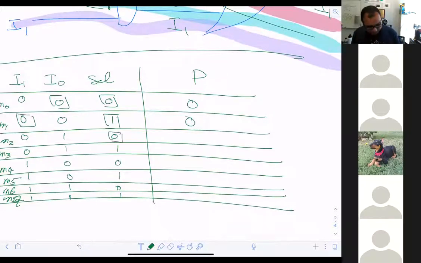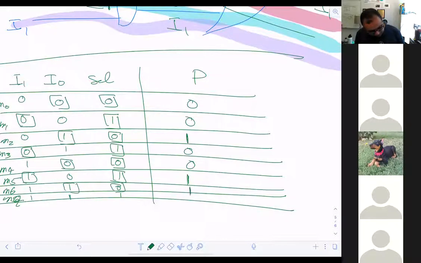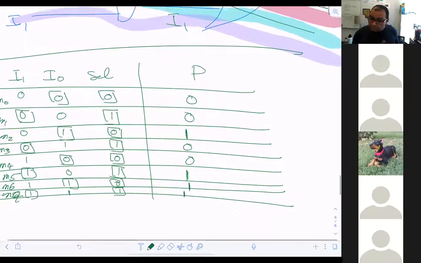Select is equal to 0. So that means it's going to be I0. I0 in this case is 1. Select is equal to 1. It's going to be I1. I1 in this case is 0. I put 0. Select is equal to 0. It's going to be I0, 0. Select is equal to 1. So it's going to be I1, 1. Select is equal to 0. It's going to be I1. Select is equal to 1. It's going to be I1. And in this case it is equal to 1.